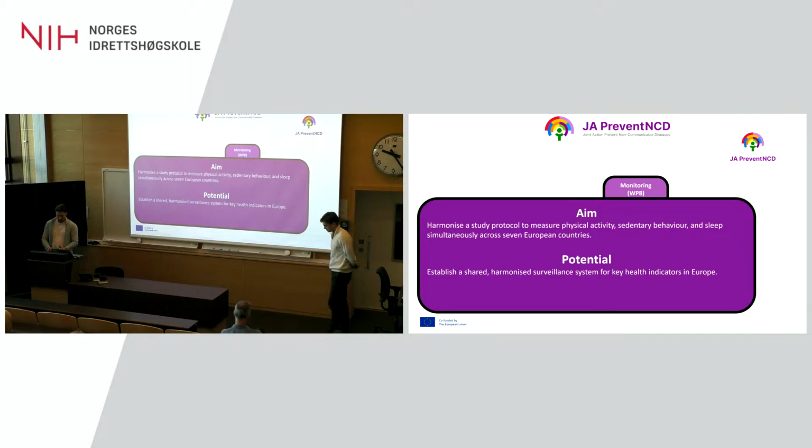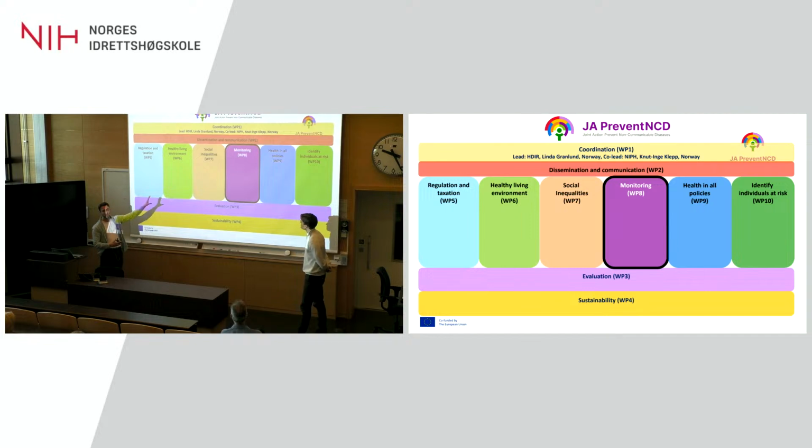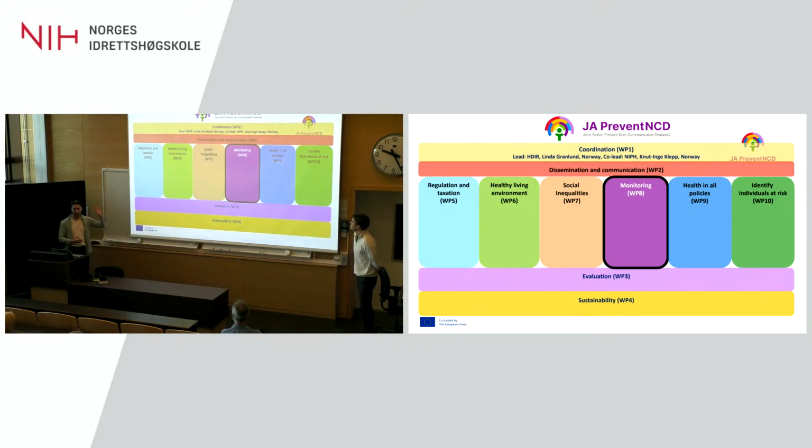The aim is to strengthen the coordinated prevention of cancer and non-communicable diseases. We want to tackle shared risk factors, reduce social inequalities, and build a common evidence base across member states. And if you just go back one, Johan, there are 10 work packages involved here. You can go to the website and see the whole scope of this.